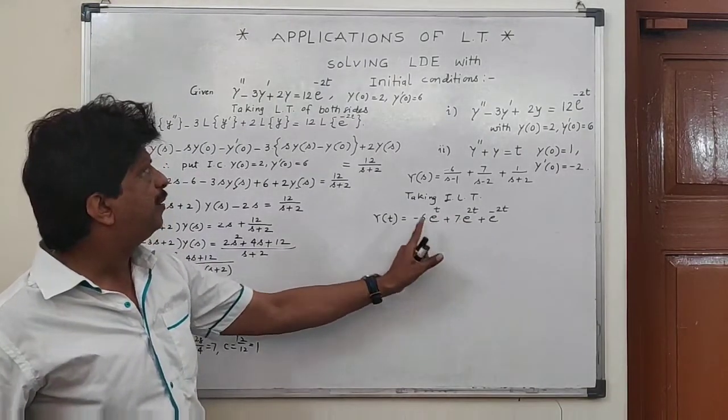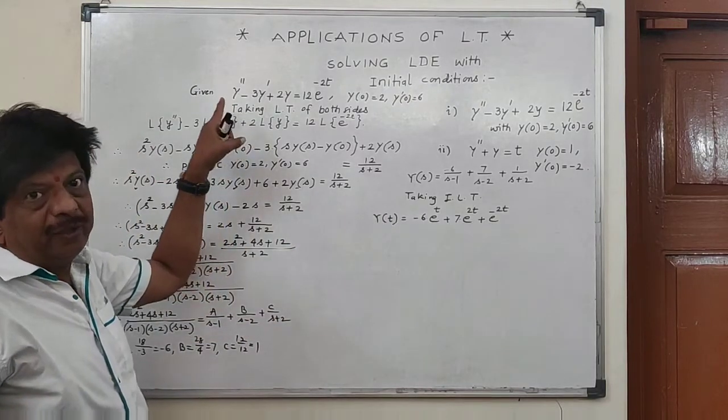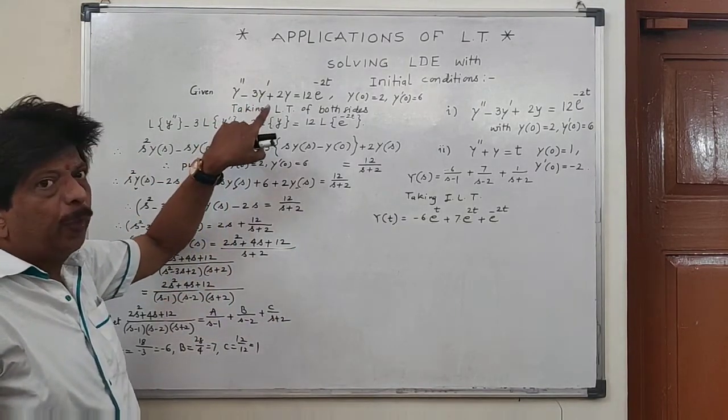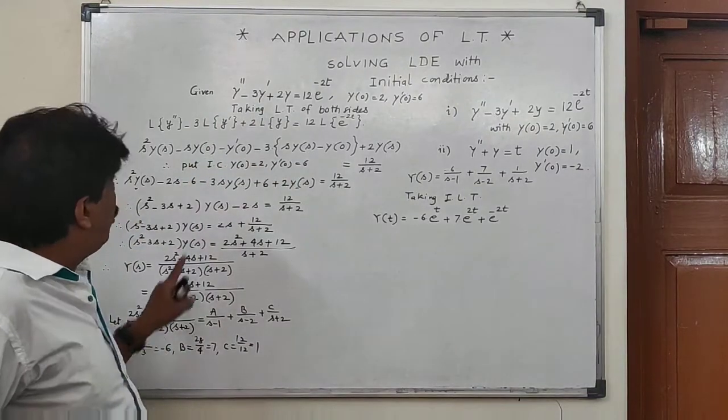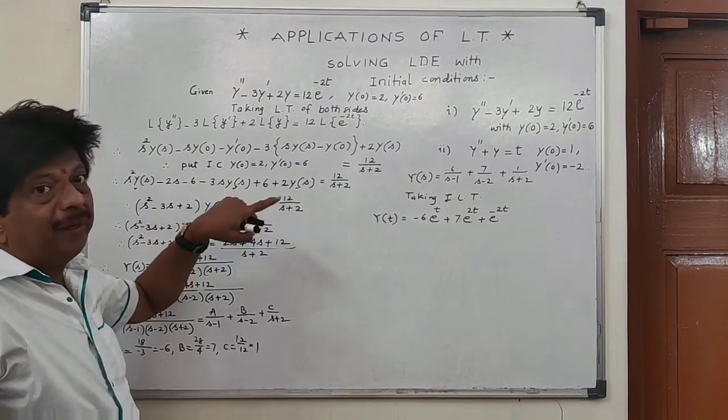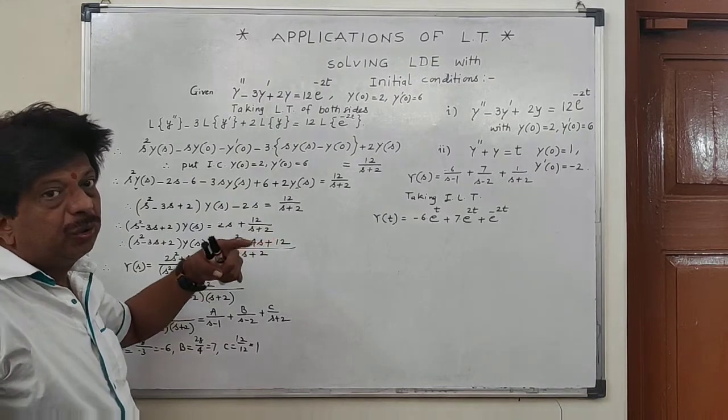The auxiliary equation D square minus 3D plus 2 has two factors, (D minus 1)(D minus 2), and 1 and 2 are the real distinct roots.